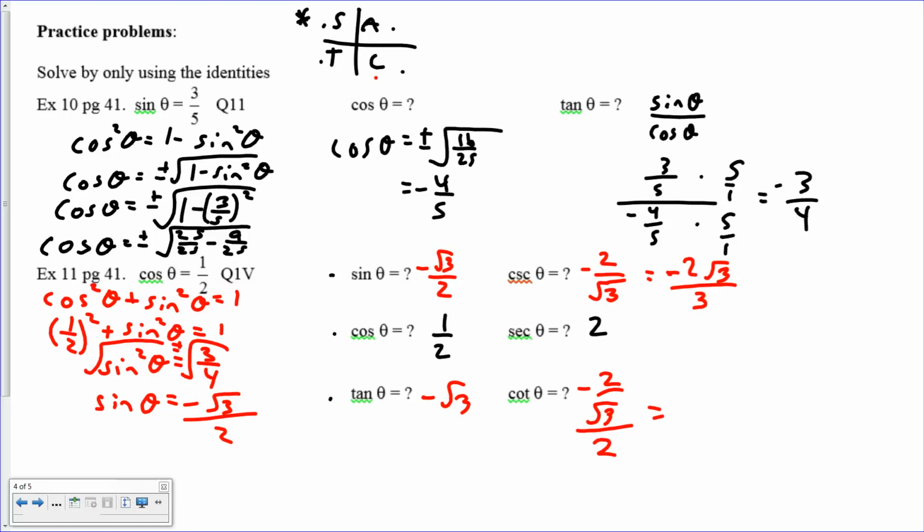You want to get rid of that radical 3, and this by radical 3. This is going to be a little bit messy. I'm doing it the hard way, but negative 2 over 2 square root of 3. And then the 2's would cancel, and so you're left with radical 3. Negative.